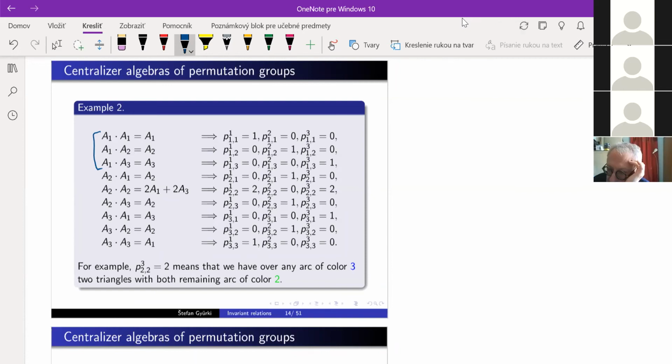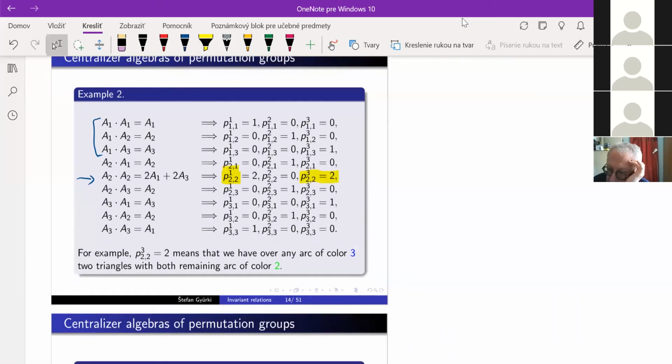And an interesting thing we obtain when multiplying A2 by A2 is that it is twice A1 plus twice A3. And that means that, for example, the structure constant P_22^1 is equal to 2, and also this one is equal to 2.